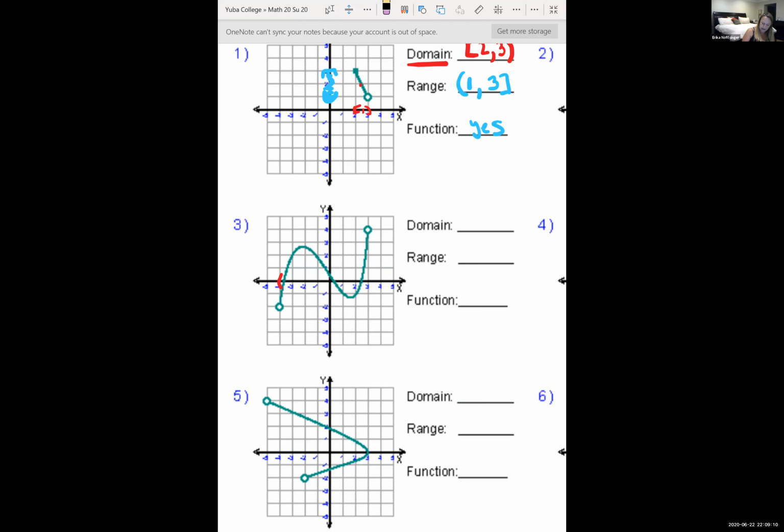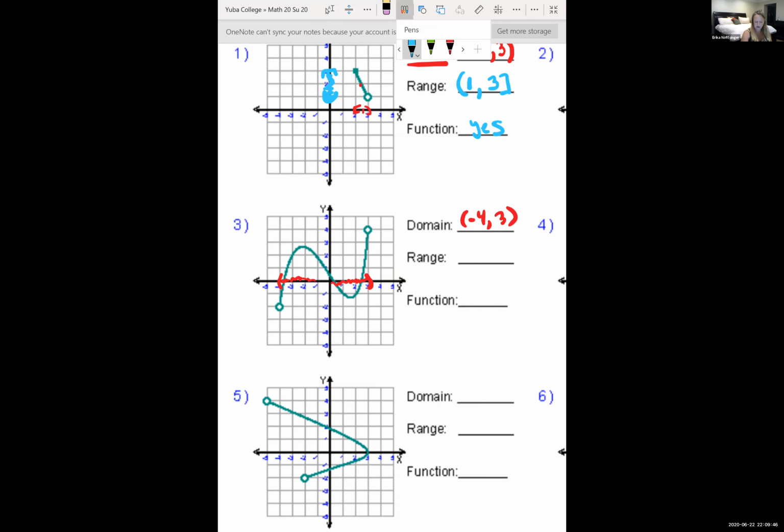Because it's continuous between this, I'm including all values of x until I get to here. That's the largest x value, and we're not including it, so it's a parentheses. And so we could write that in interval notation from -4, comma to 3, and those are both parentheses because we didn't include the endpoints of that graph.